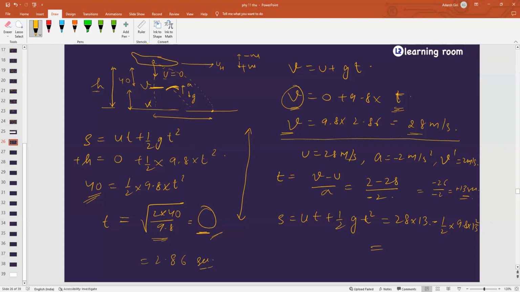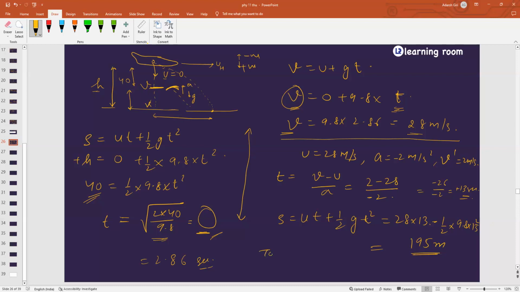Tell me this value, solve it fast. This is nearly 195 meters. You solved too slow. This is nearly 195 meters.